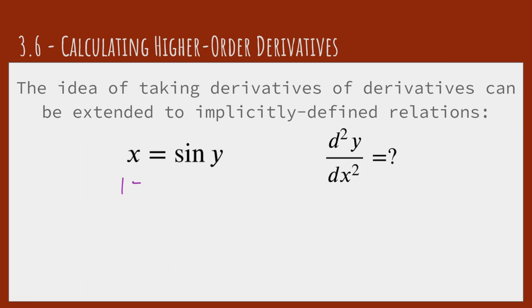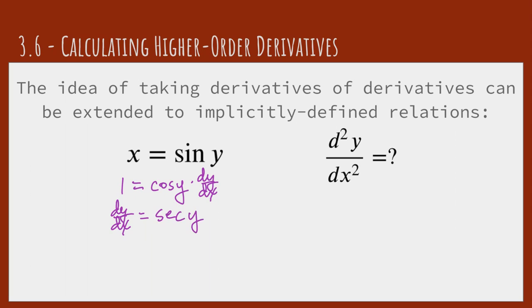So we'll start by taking the derivative of both sides. Derivative of sine is cosine. Leave the inner function, y is the inner function inside, multiply by the derivative of the inside, and we get dy dx equals 1 over cosine of y, which I'm going to write as secant of y.